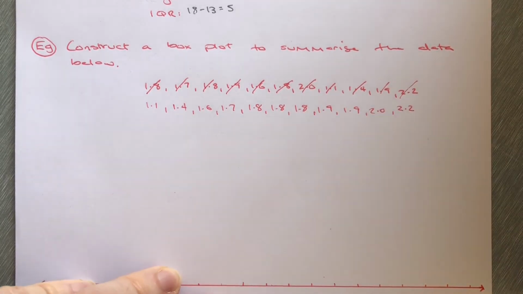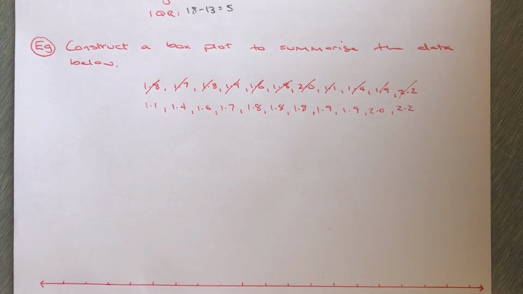Okay, there we go. So we've got them all in order. I've crossed them off to make sure I didn't miss any. Now we need to firstly find that middle number, the median.